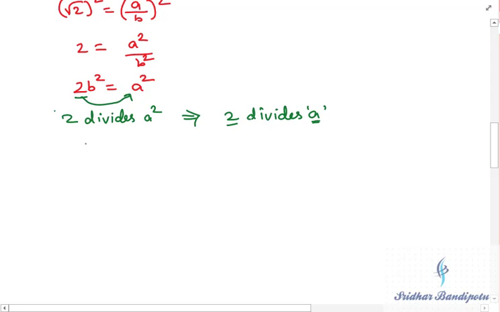Not only 2, there are some other factors also. The remaining factors I am taking as c. So when 2 divides a, we can write a equals 2 into c, where c is any positive integer.